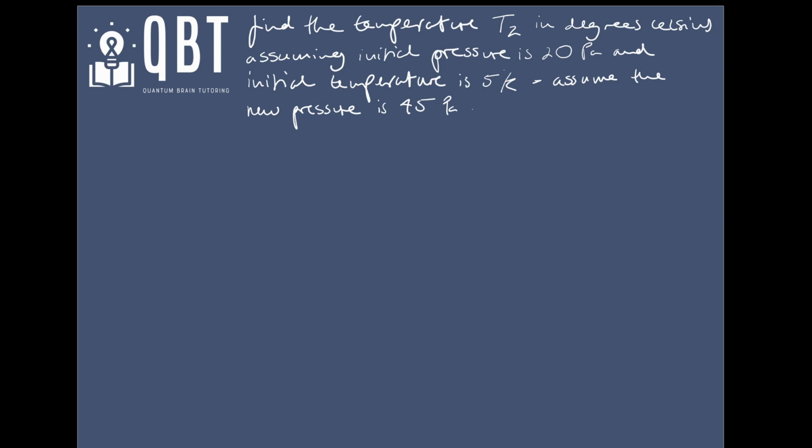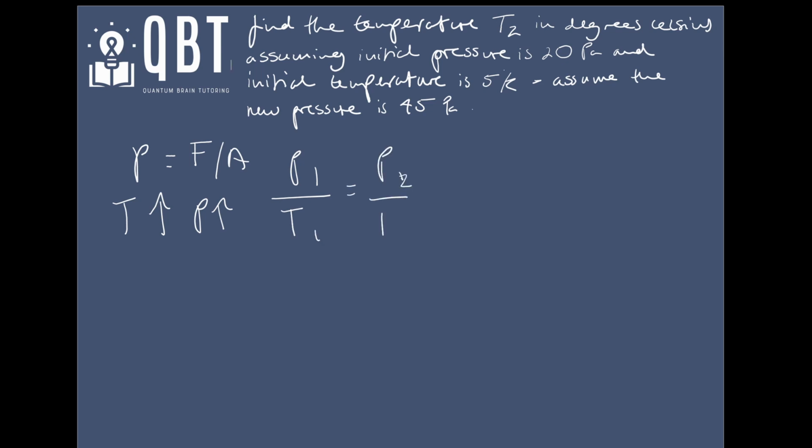And because pressure is equal to force divided by area, we can successfully say that as temperature goes up, pressure goes up, okay? So this sort of gives rise to our equation, right? Where there is a directly proportionate relationship between pressure and temperature, okay?